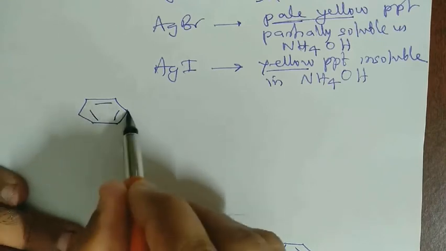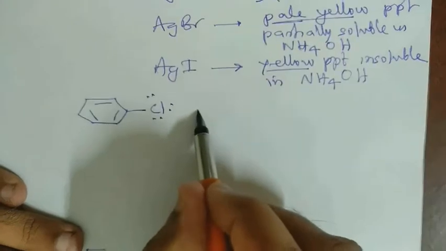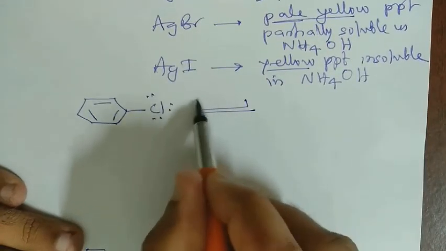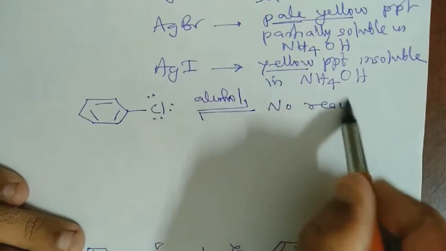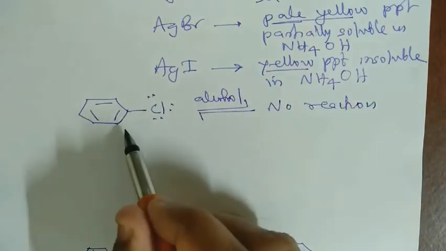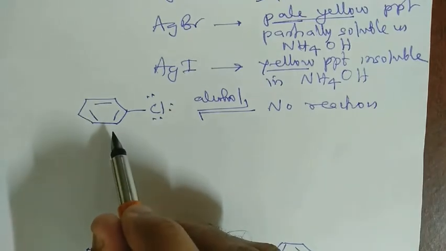Nuclear halogen compounds like chlorobenzene do not dissociate on heating with alcohol. Hence, they do not give a positive test on heating with alcoholic silver nitrate.